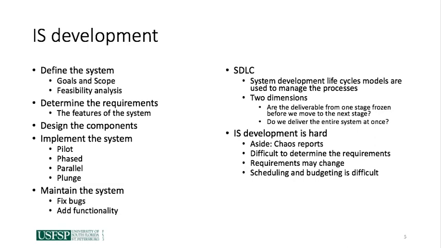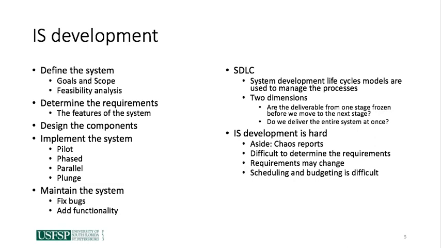Although the situation has improved since the Standish Group published its first Chaos Report in 1995, in 2015 only 29% of IS projects were completely successful, with 52% being challenged, i.e. being late or over budget or not delivering on all the requirements, and a fully 19% were failures. Clearly, this is not a track record to be proud of.